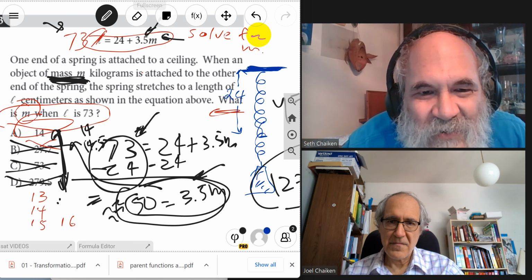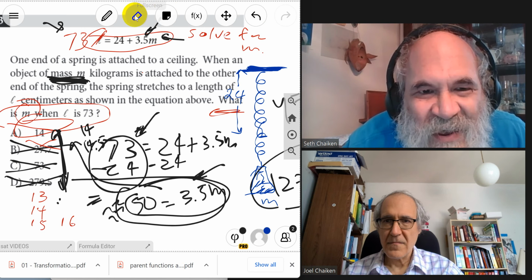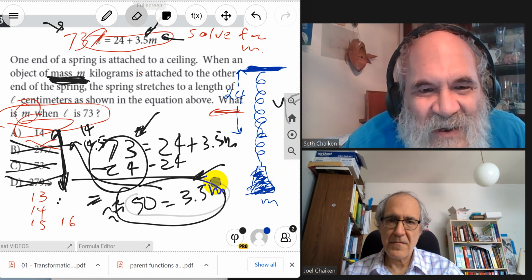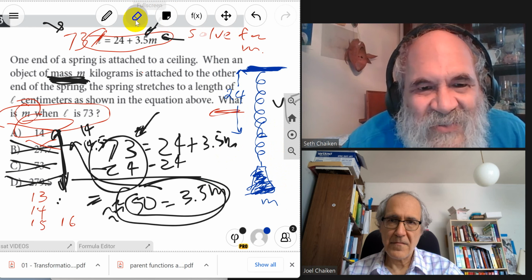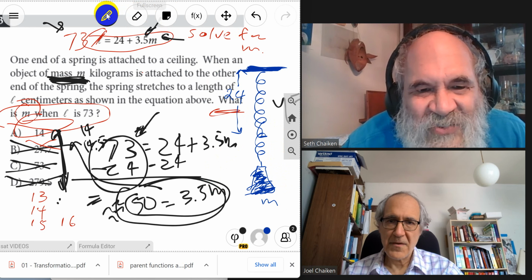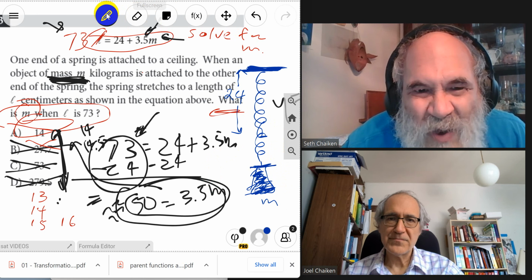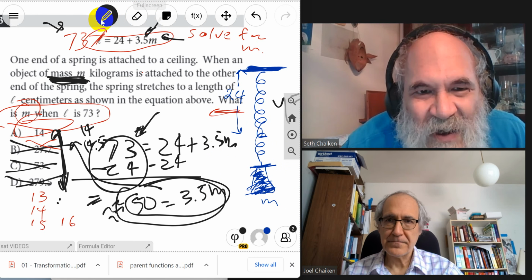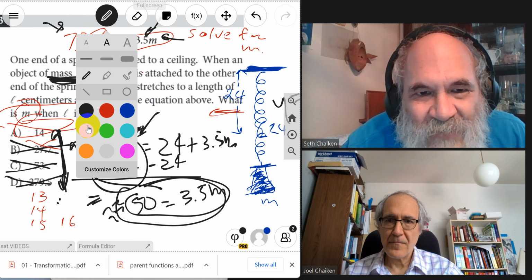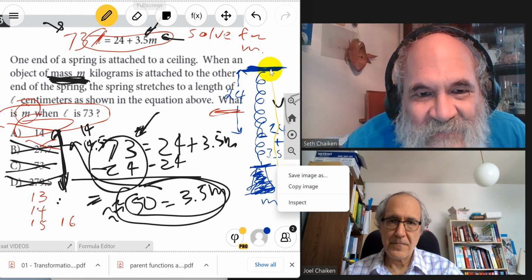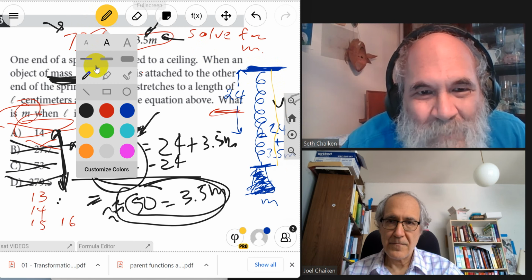You attach a mass m, it stretches the spring down, and the law says that, let's say I'm measuring the length to the end of the spring, not the end of the weight. What happens is the length becomes 24 plus 3.5 times m.